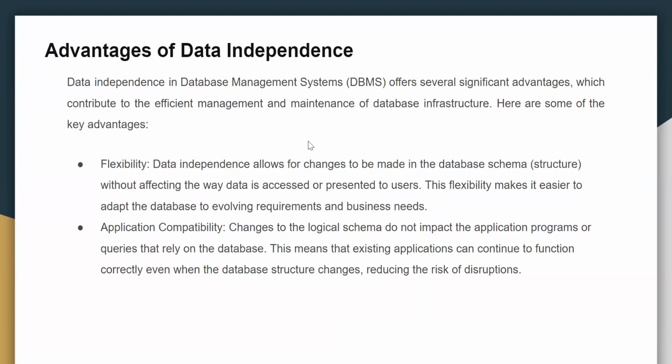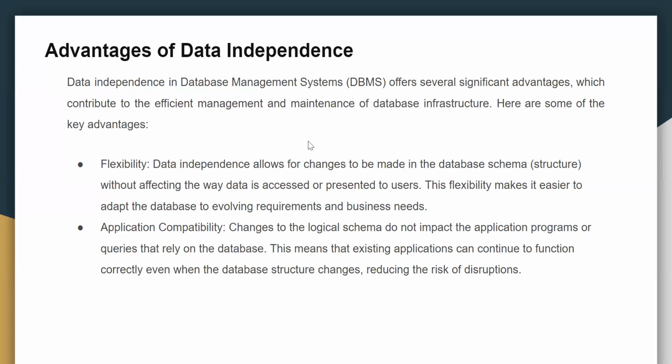Data independence in a database management system offers several significant advantages which contribute to the efficient management and maintenance of the database infrastructure. Here are some of the key advantages: flexibility and application compatibility. Changes to the logical schema do not impact any application programs or queries related to the database.